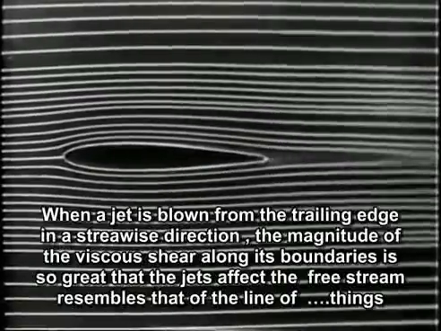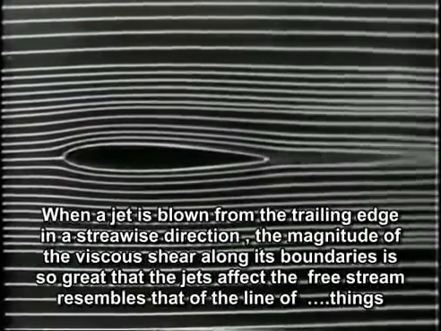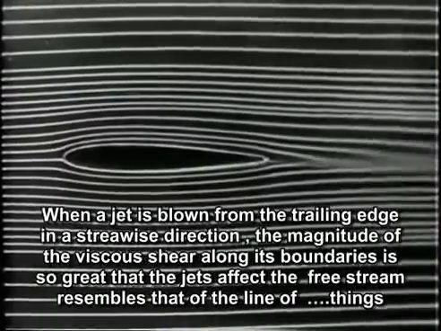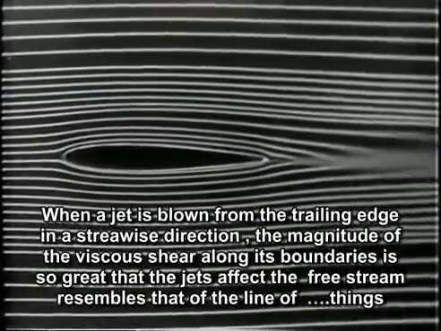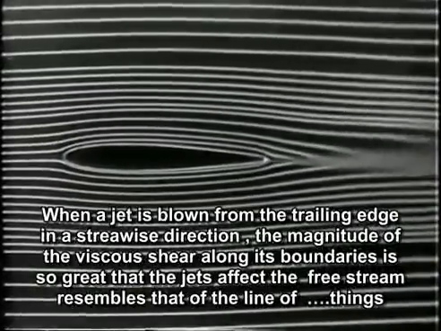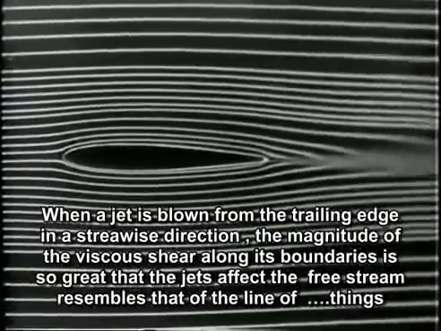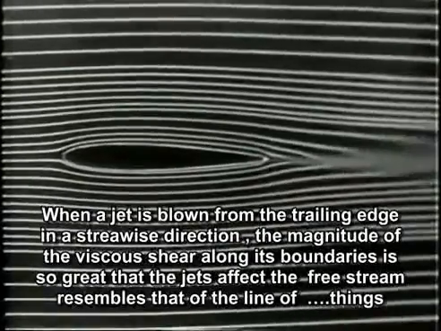When a jet is blown from the trailing edge in the streamwise direction, the magnitude of the viscous shear along its boundaries is so great that the jet's effect upon the free stream resembles that of a line of distributed sinks.